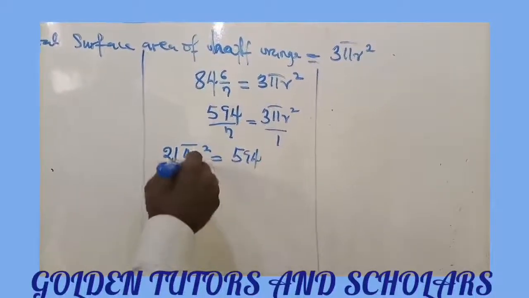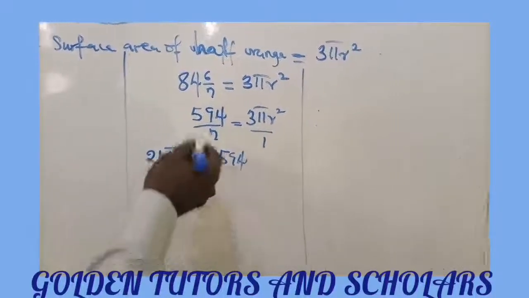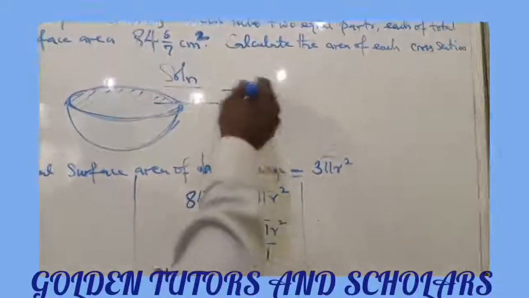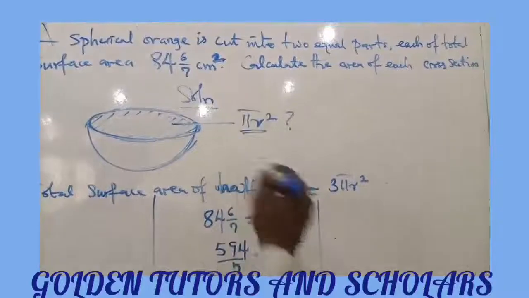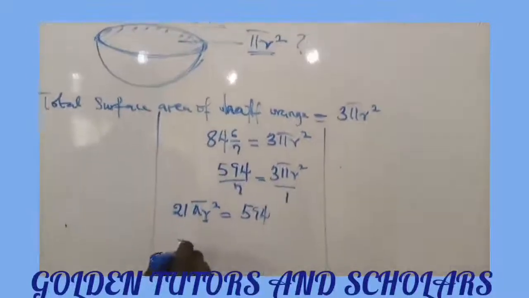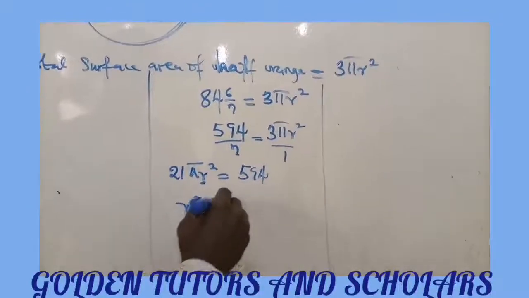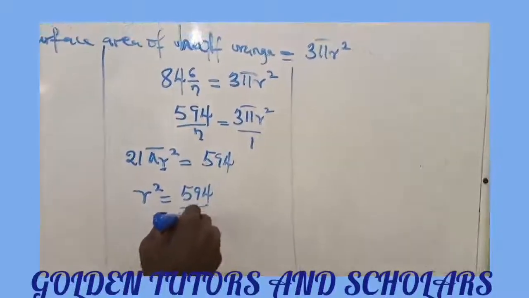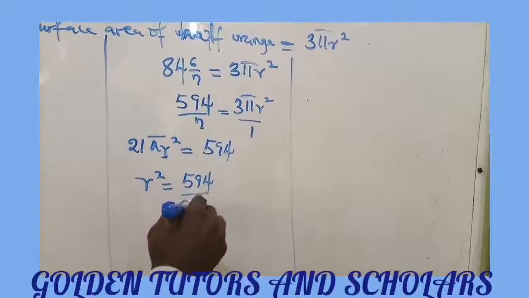Remember, we're looking for the radius. We want to get the radius because we require the value of the radius to determine the area of the cross section. So here, our r squared will be equal to 594 over 21 pi.